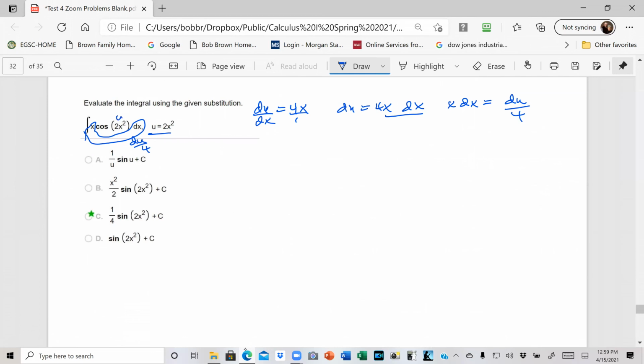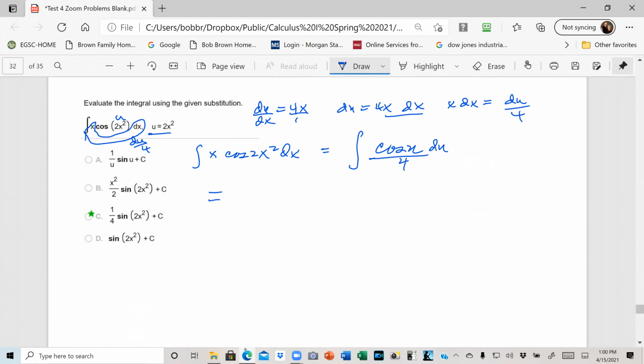2x squared is u. So this integral of x cosine of 2x squared dx is going to equal the integral of cosine of u du divided by 4.